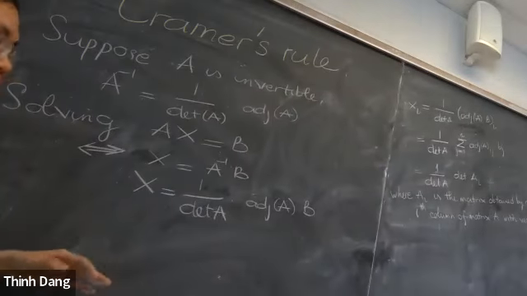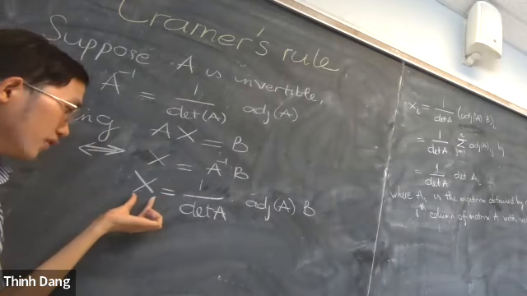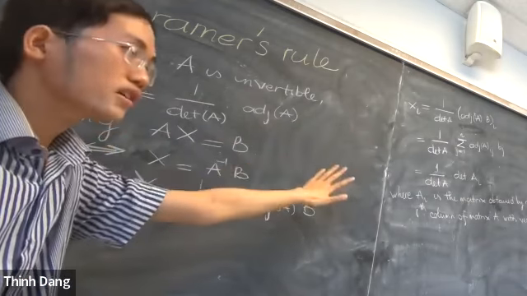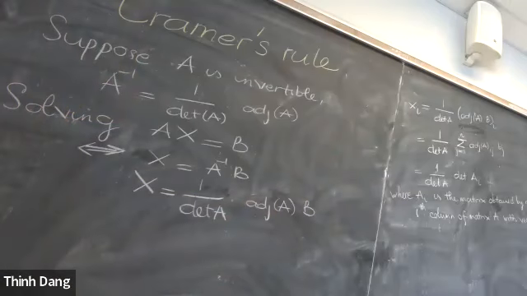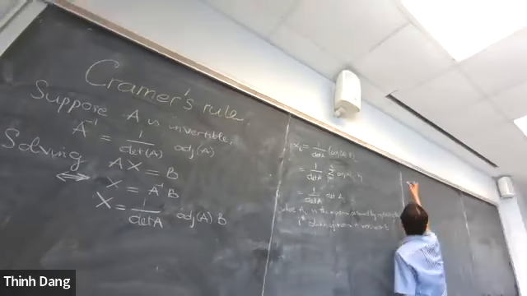For example, if you are only interested in some specific entry in the variable vector, then you can use this formula to solve for that entry only. So let's try to use this rule in an example.